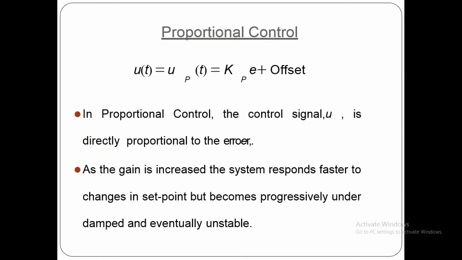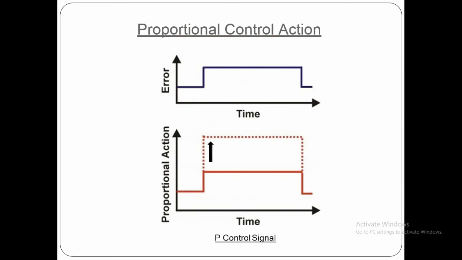For proportional control, U is equal to K times the error plus offset. In proportional control, the signal U is directly proportional to the error. This is the control action: the error and the proportional action.